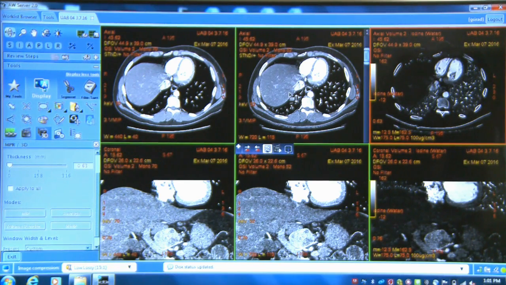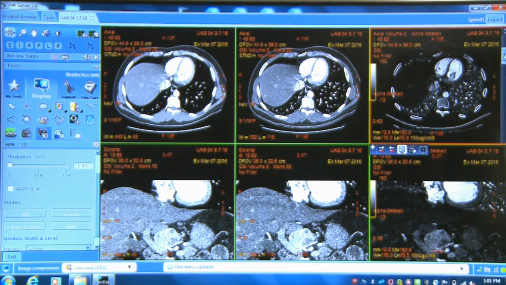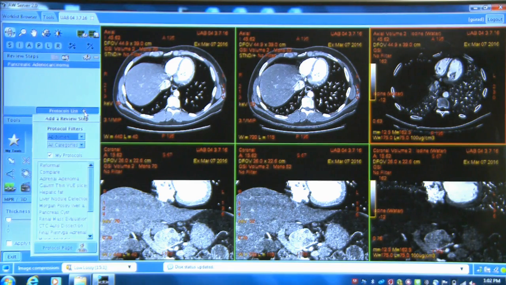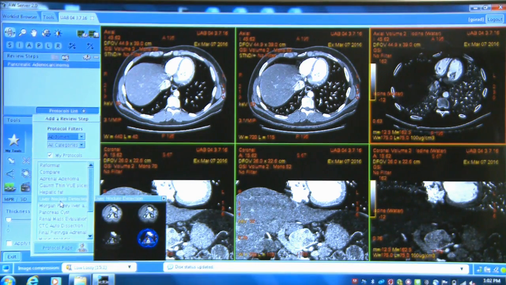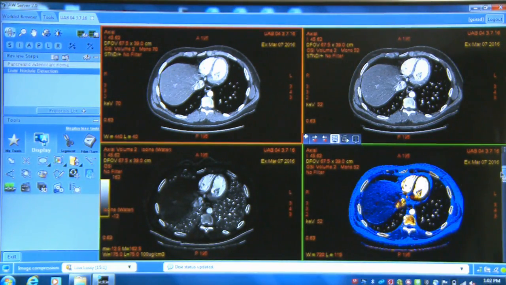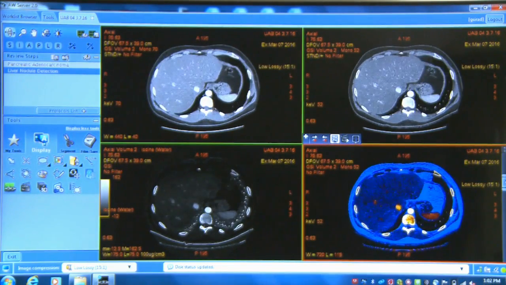Now, we actually look at hypervascular lesions in the liver with a slightly different protocol. Here it's called hepatic nodule, and it's real easy to step between these post-processing presets, and I'll show you that right now. So if we go to the one I like for looking for hypervascular hepatocellular carcinomas, it's called liver nodule detection, and this basically shows lesions that are hyperenhancing as bright on a background of blue.